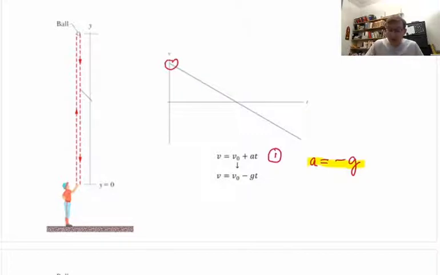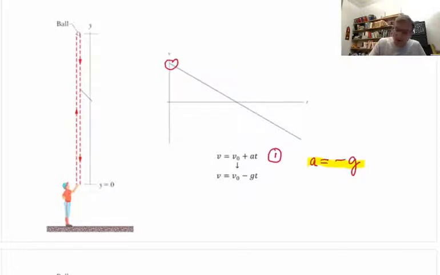Because remember, free fall acceleration is vertically down. But this problem chose the plus y direction vertically up. So the acceleration is in the negative y direction. That negative sign is therefore important. You must write it when you write down the expression for a.